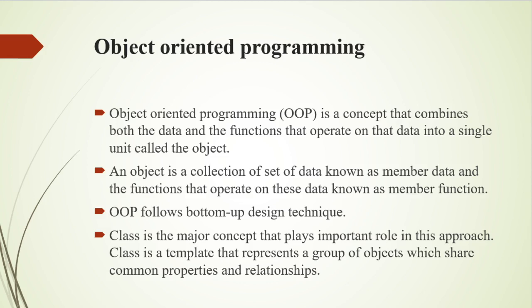For example, the difference between C and C++. As we know, both C and C++ are programming languages and used for application development. The main difference between both these languages: C is a procedural programming language, so it does not support class and object.